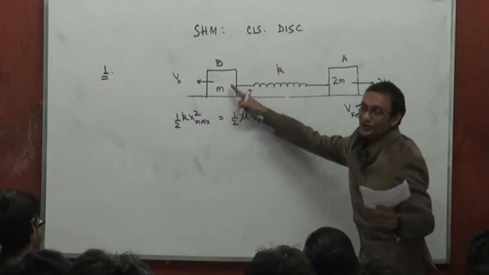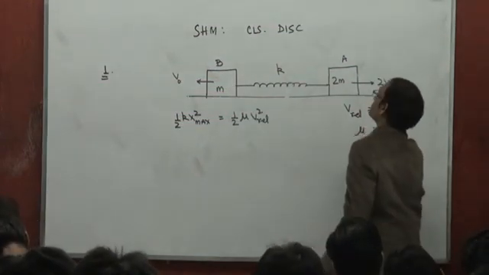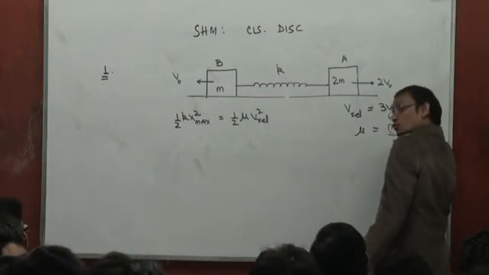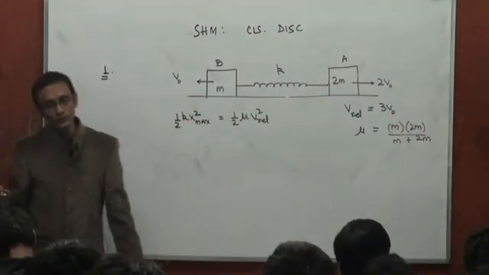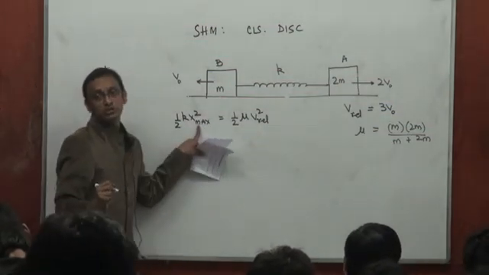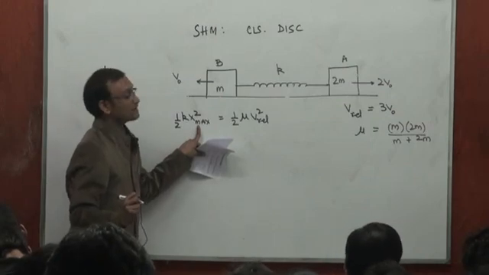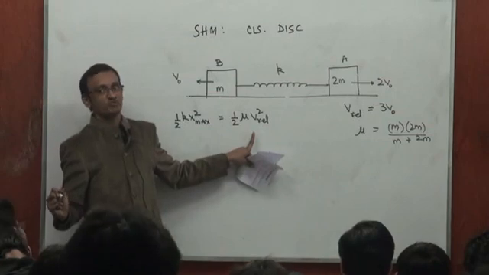Vrel is of magnitude 3V0 precisely. And what's mu? Mu is going to be m into 2m by m plus 2m, right? So 2m by 3 is going to be mu. So this would enable computation of the maximum elongation produced in the spring. This is writing work energy theorem in the center of mass frame.